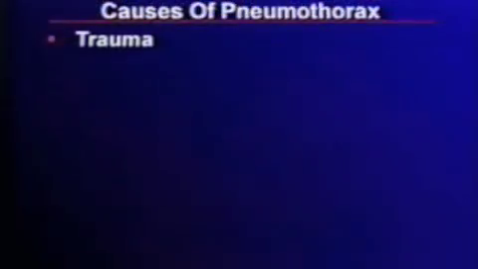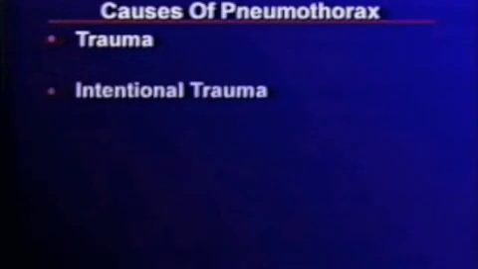Traditionally, we think of trauma like a gunshot wound or stabbing, but it also could be something called intentional trauma, like thoracic surgery, where the intentional trauma occurs and the lung responds negatively to it. Another thing we need to be very aware of is whenever you have a client on a respirator.